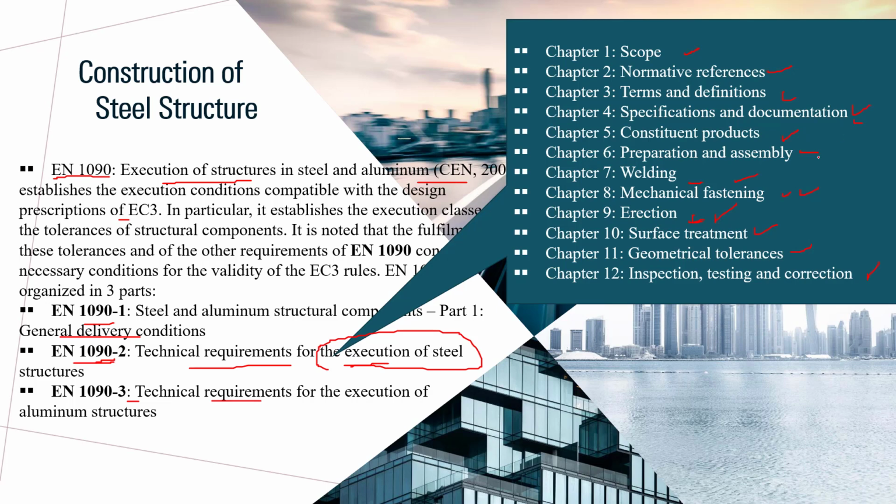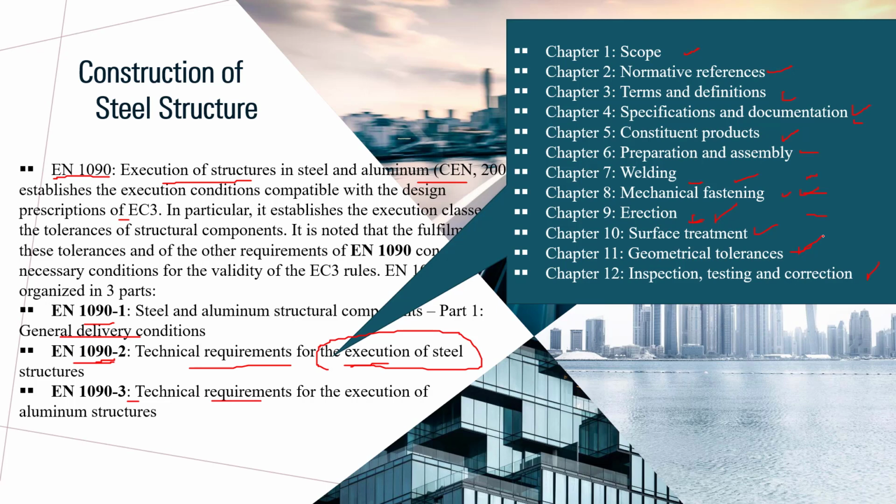In our course, we focus on the technicality of the construction. So it will cover the welding, how to do the welding, mechanical fastening, erection, tolerance. What about the tolerance? Tolerance will be different really from one code to another. The AISC is different than the EC3.